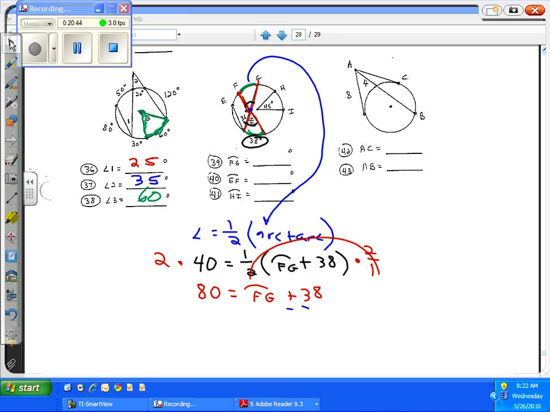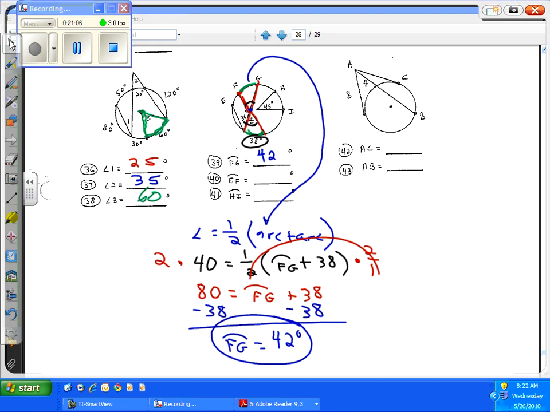We're going to undo addition by subtraction. And so we get arc FG is equal to 42 degrees. That one was a little bit harder because we were looking for the arc.